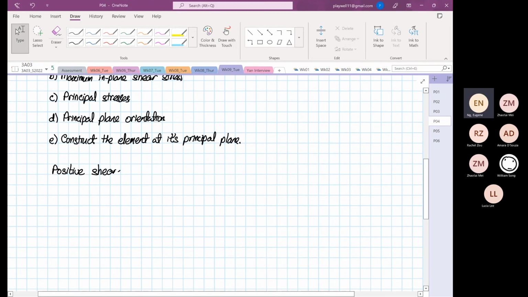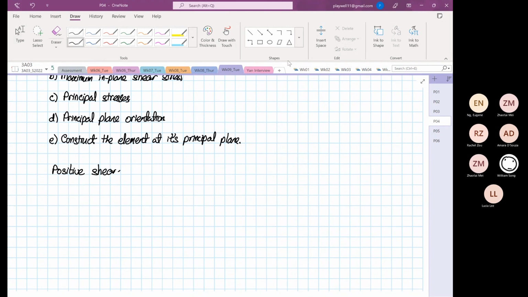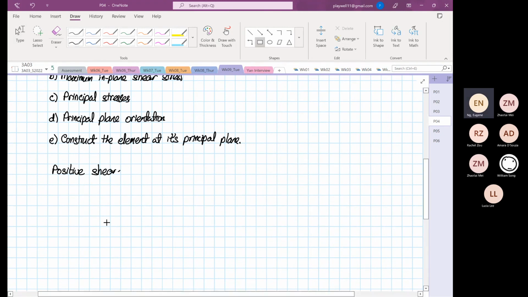Okay. So positive shear, this over here is our element. At the center is our origin. This is our Y. This is our X. So over here, this is our shear stress.